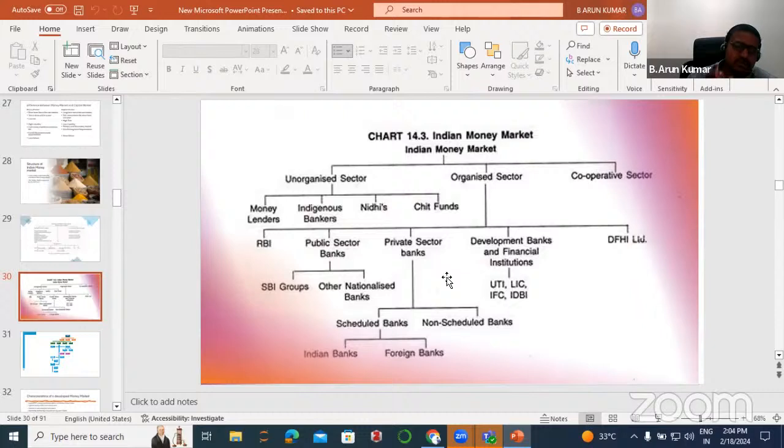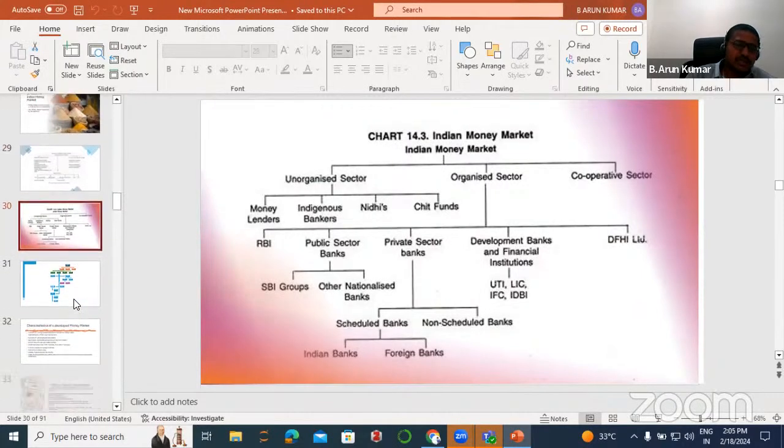Just study each particular instrument. These are the only important questions in unit number 6.